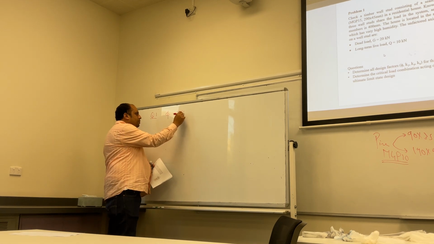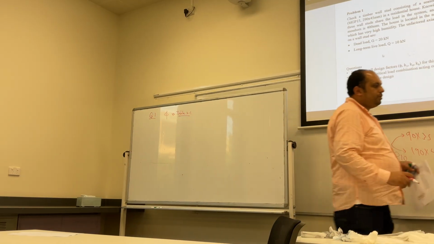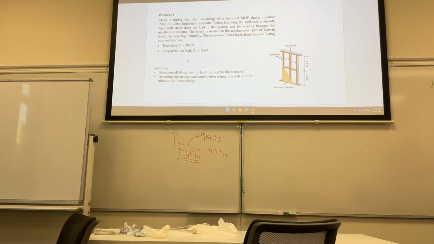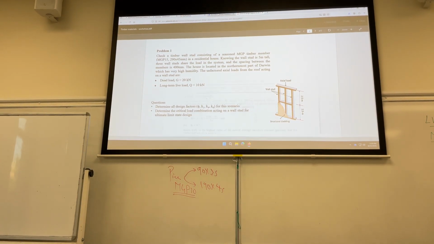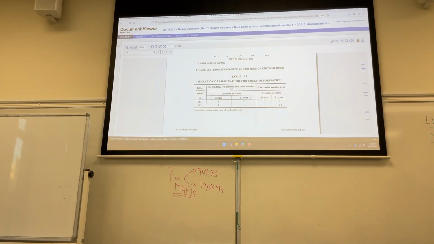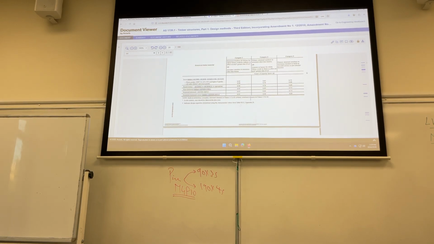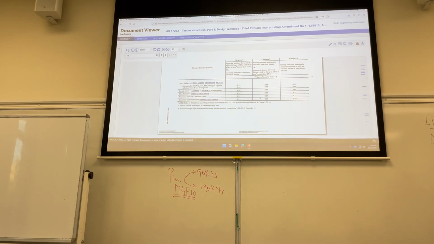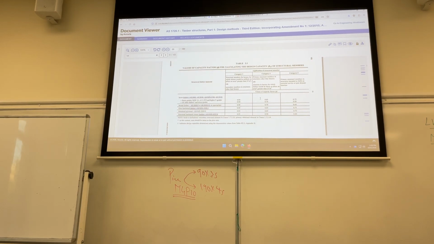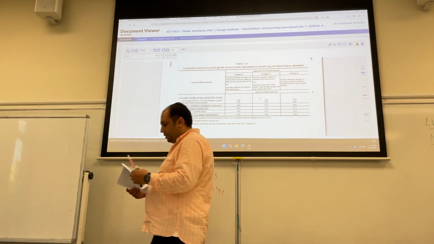Table 2.1 for member. If we go to table 2.1, what can we see? To use this table, we need to know the timber type or the timber grade. What is the timber grade in the example?